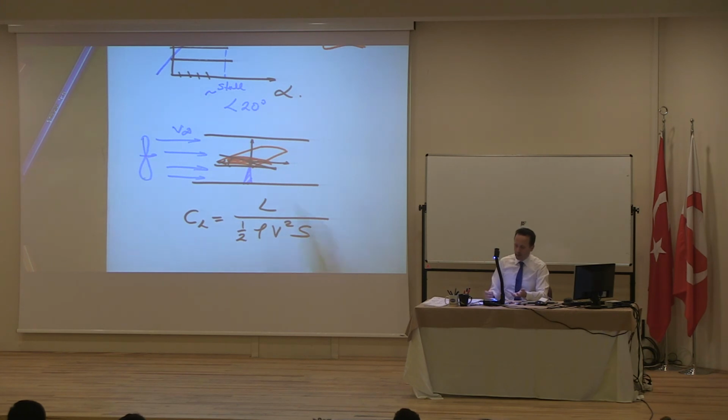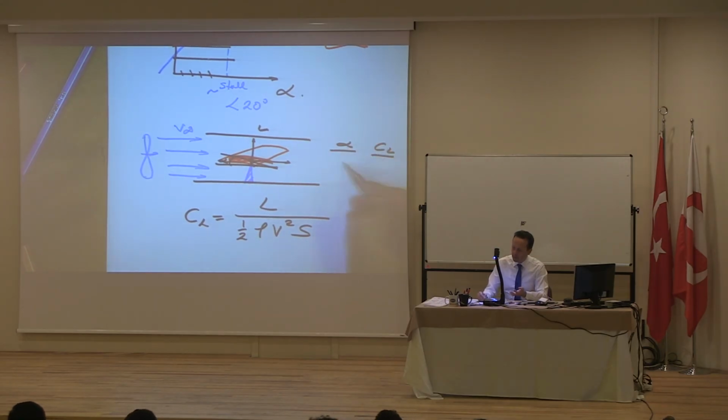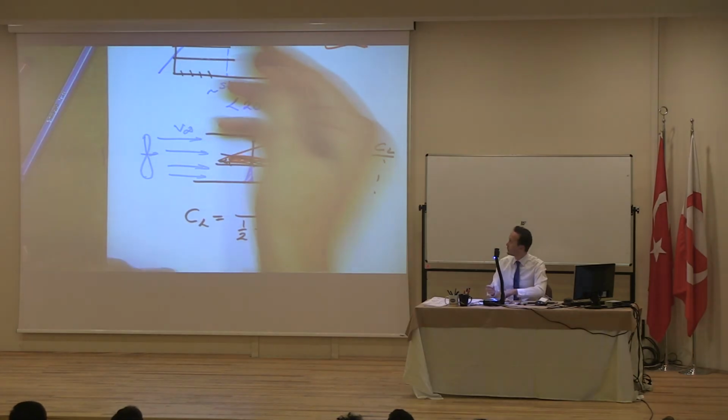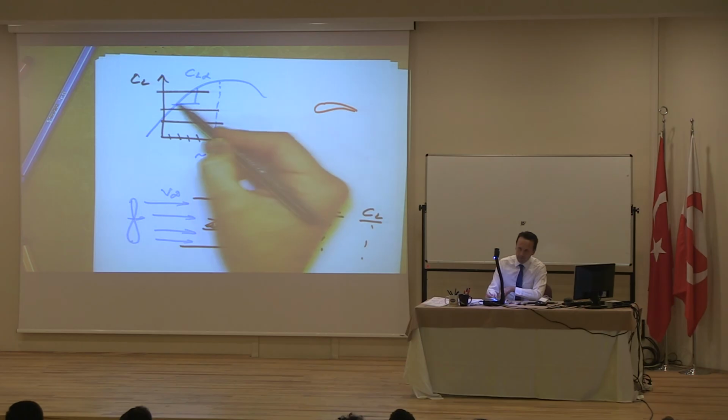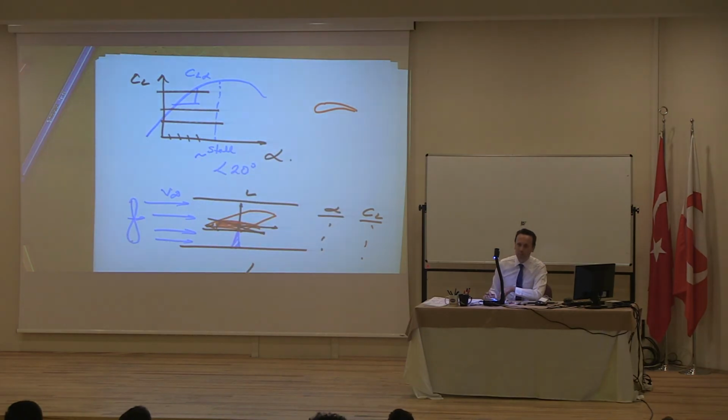So all you need to do is actually calculate the lift in the wind tunnel for a certain alpha, right? And then divide it by 1 over 2 rho v infinity squared times the surface. And then you find CL for that particular alpha. Do it for different alphas, find different CLs, and plot it. And then you have this curve. And then you can look at this and find CL alpha. Make sense?